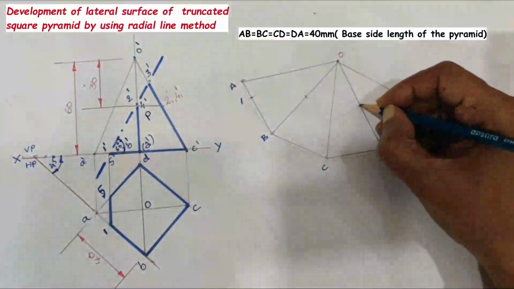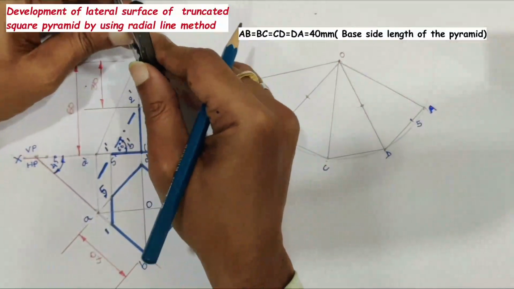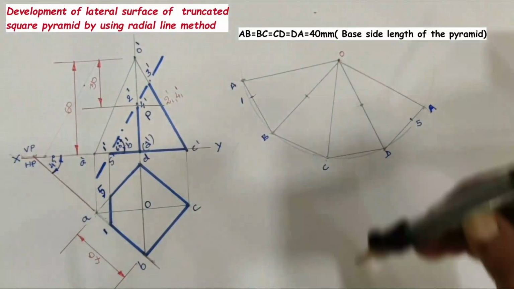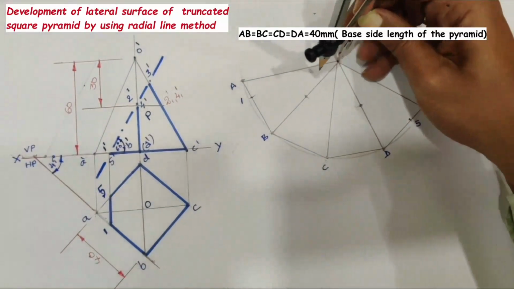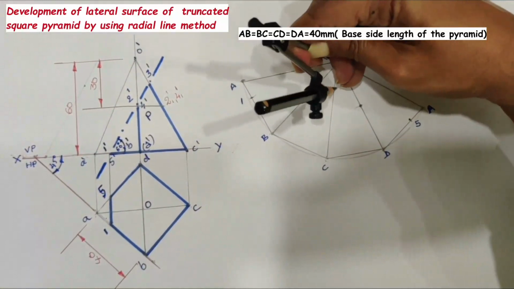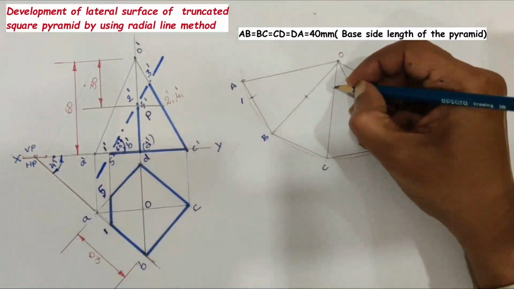Name this point as 4. Then O dash 3 dash as a radius. As you know that 3 dash is an intersection point of section plane with OC face edge. Then name this point as 3.